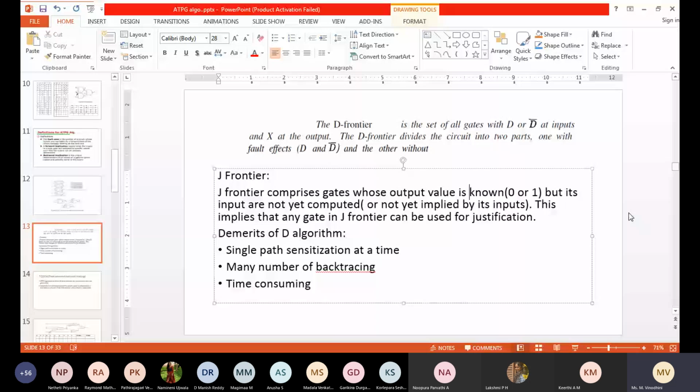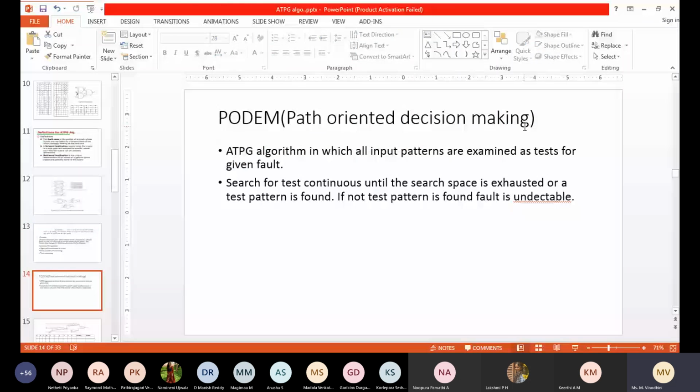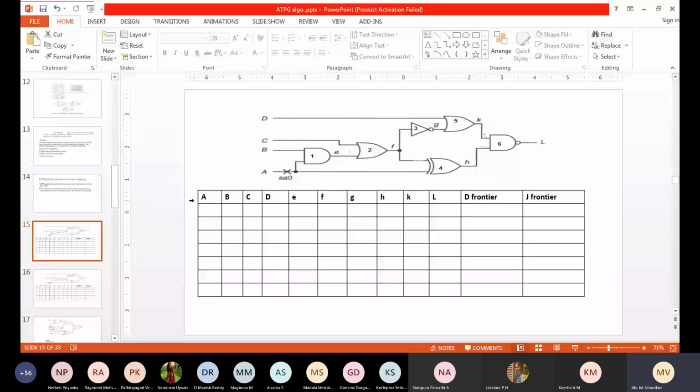PODEM full form is Path Oriented Decision Making Algorithm. So maybe tomorrow I will start explaining this PODEM. I'll take this circuit. This is a fault. And even here in PODEM, we need to create a table like this. All the variables in the circuit, we have to enter in the table.